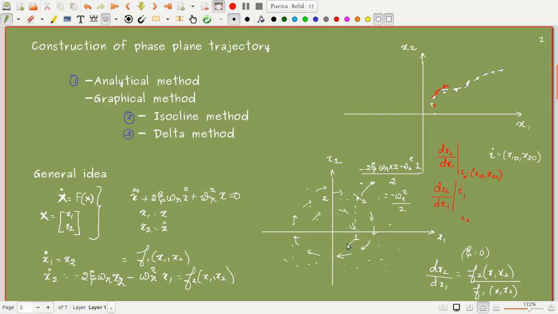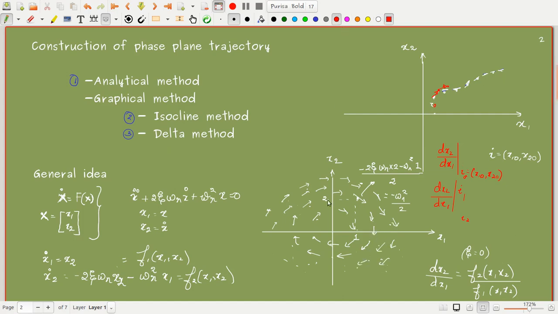If I am able to compute all these slopes in space, then what is the difficulty in finding or drawing the phase trajectory? The only thing is, we should have an initial point.